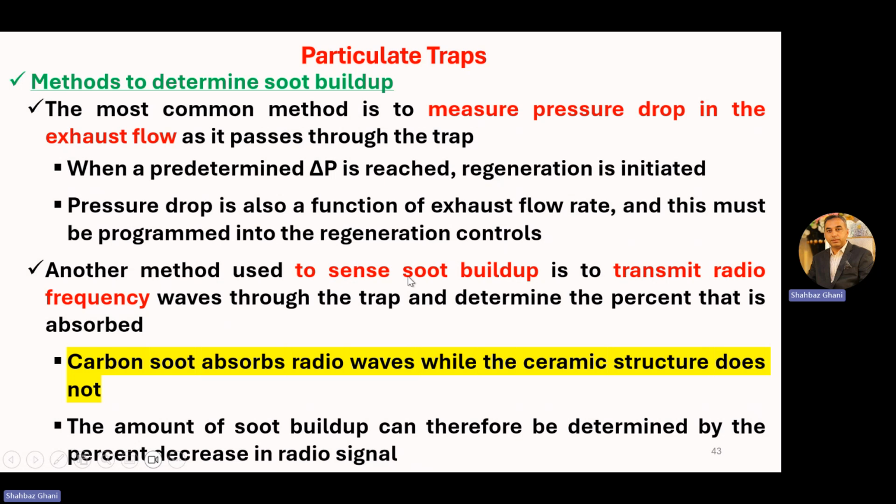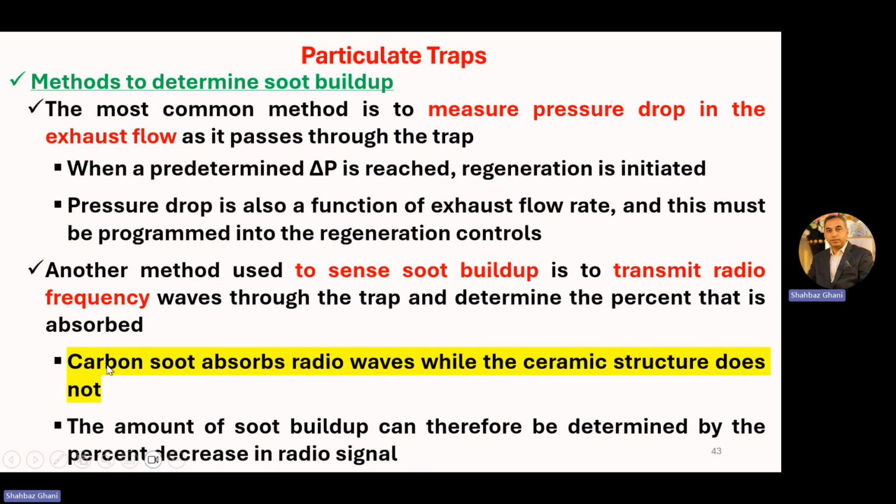Another method used to sense soot buildup is to transmit radio frequency waves through the trap and determine the percent that is absorbed. Carbon soot absorbs radio waves while the ceramic structure does not.